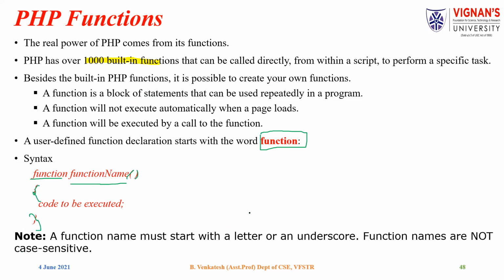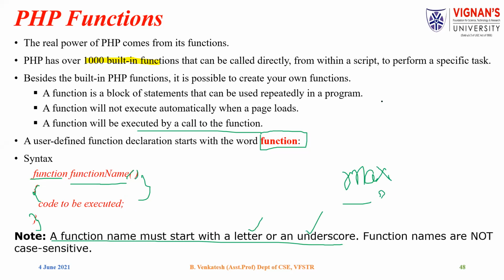Then whenever we want to call this function, we need a function call. Whenever we call a function with that name, it is going to be invoked and executed. Some conditions are there. A function name must start with a letter or an underscore. That means the function name may be max or underscore test, like this.